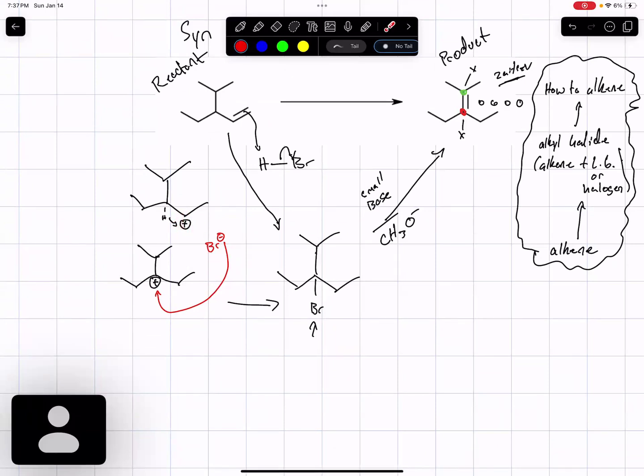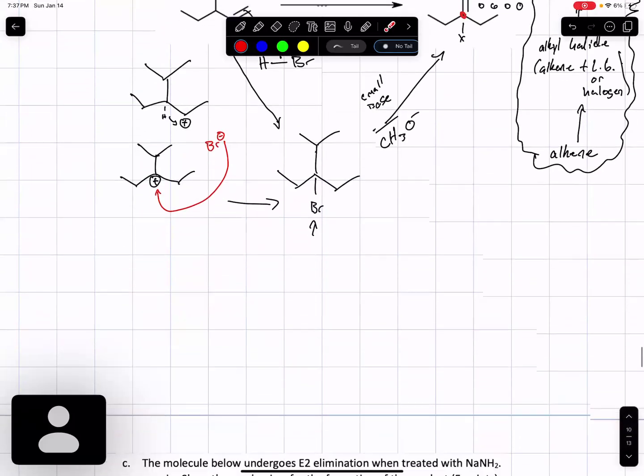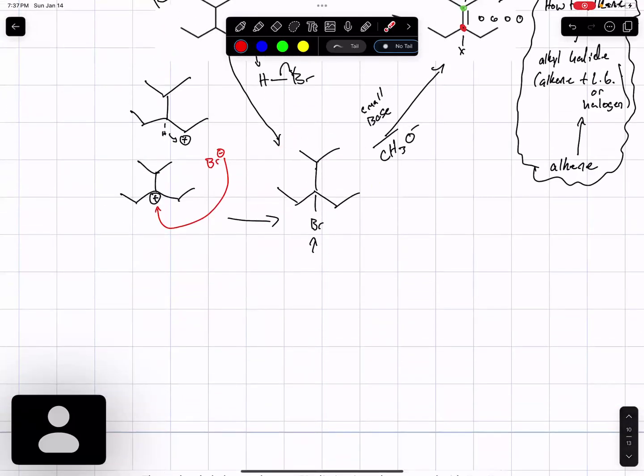Luckily, there's something more stable than a secondary carbocation, which is a tertiary carbocation, and we get there by just doing a simple hydride shift. That hydride shift makes this tertiary carbocation, and now the Br anion that took away the electrons between H and Br attacks the tertiary carbocation position, and that's how we got our alkyl halide. Okay?